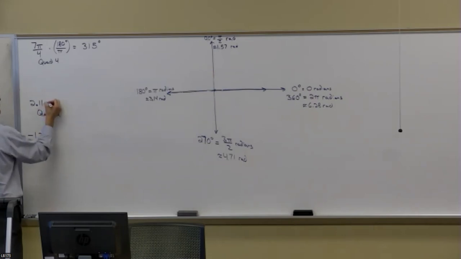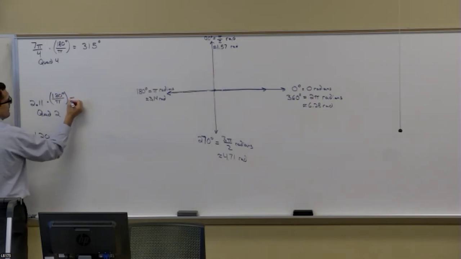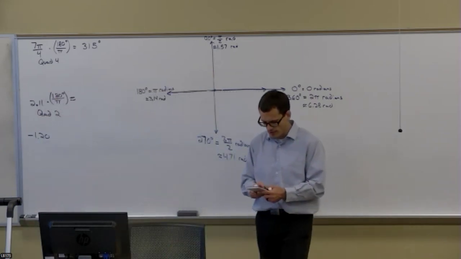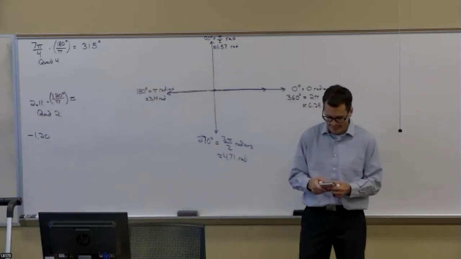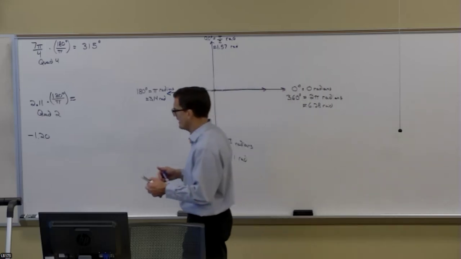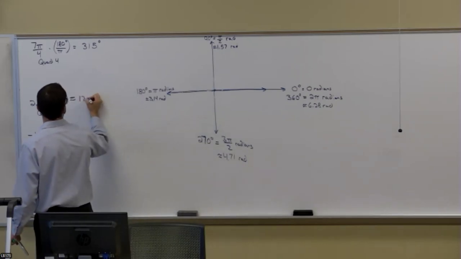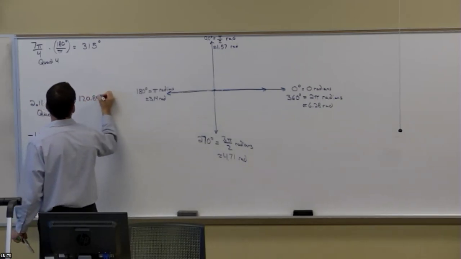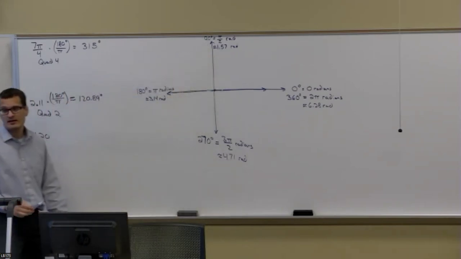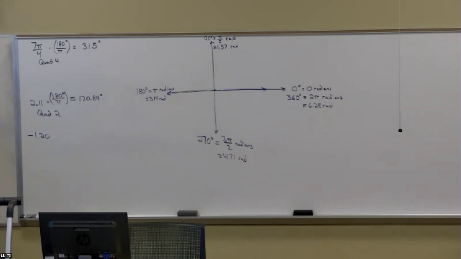If I wanted to figure it out in degrees, I could have multiplied 2.11 times 180 divided by pi, and that's about 120.89 degrees, which is obviously more than 90, less than 180. And so I know that's in quadrant 2.